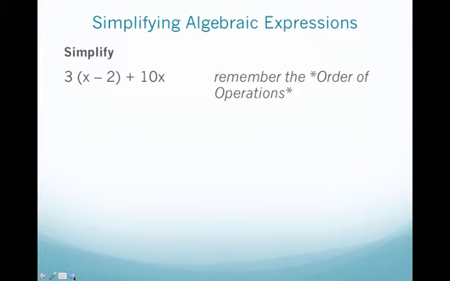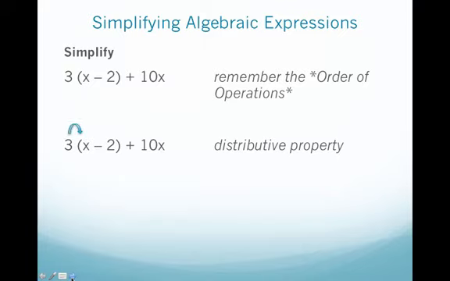So I'm starting with 3 times the quantity x minus 2 plus 10x. Now remember, I've got the order of operations, so I need to do things in a specific order. So first I'm going to use the distributive property, right? I've got to multiply the 3 times the x, then the 3 times the -2, because remember subtraction is the same as adding the opposite.